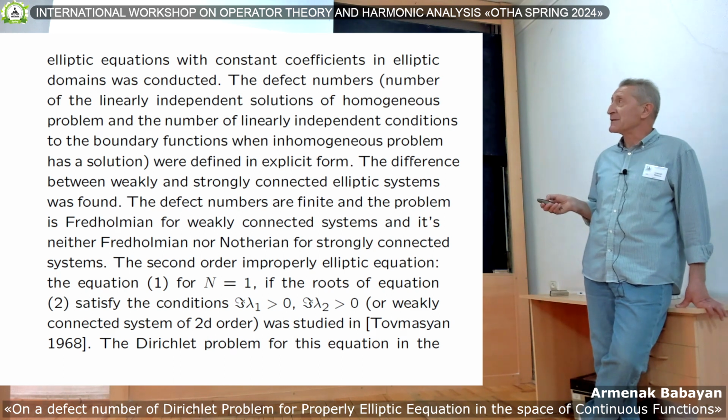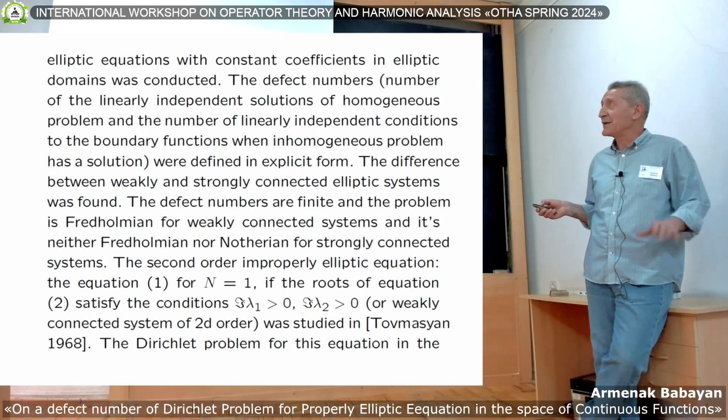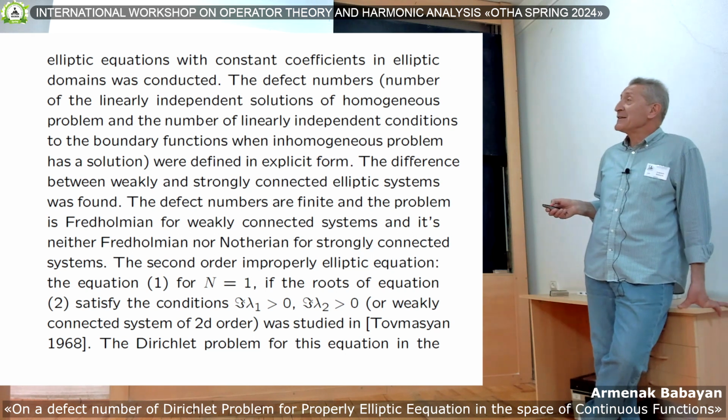The defect numbers were defined in explicit form, and the conditions of solvability of the inhomogeneous problem were defined. The difference between weakly and strongly connected elliptic systems was found.